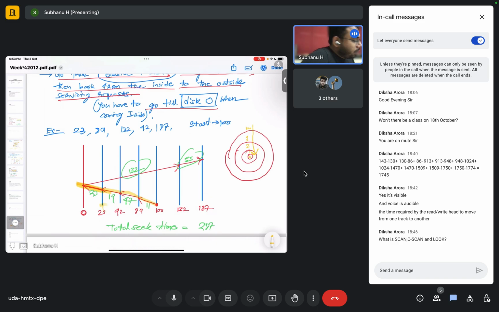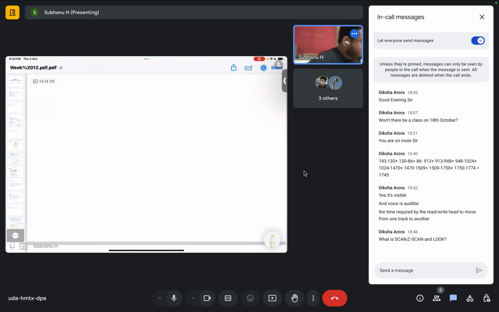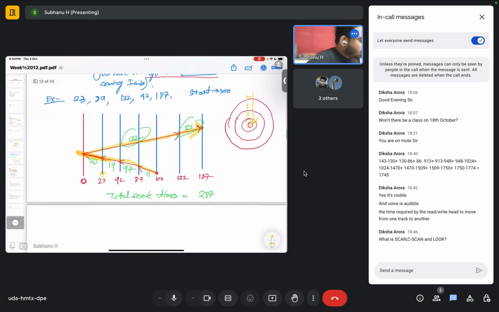Previously, I might have been going to 23, but here I'm going to 0. So this is the SCAN algorithm. That's why it is called the elevator: I'm starting from here to here, elevating, then going here to here. Okay, got it.